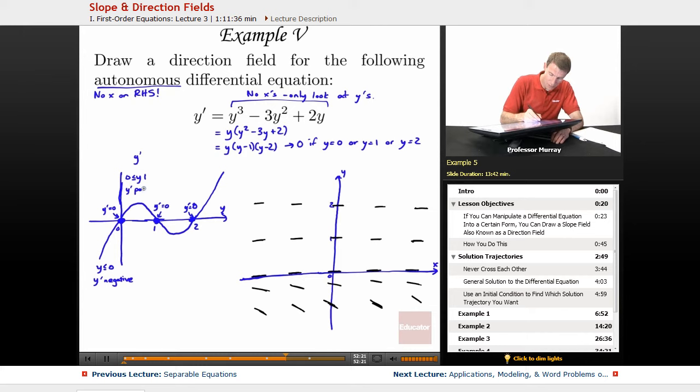So I'm going to see some positive slopes in between 0 and 1. So I go in between 0 and 1 here, and I'm going to draw some positive slopes. Draw some more gently positive slopes here because they're approaching 0, and some more gently positive slopes here because they're approaching 0 as well.